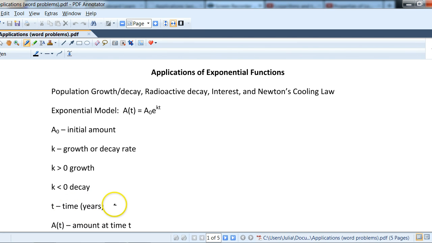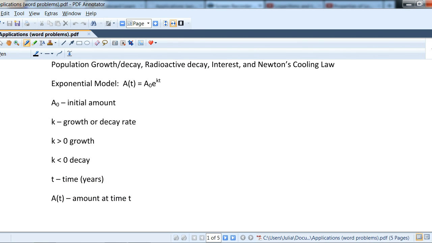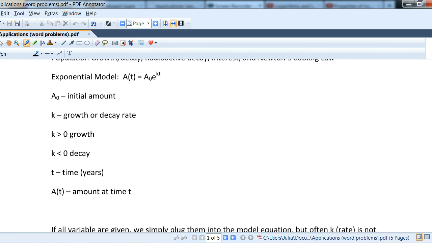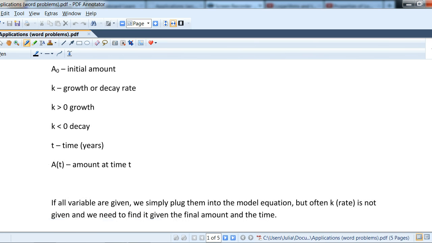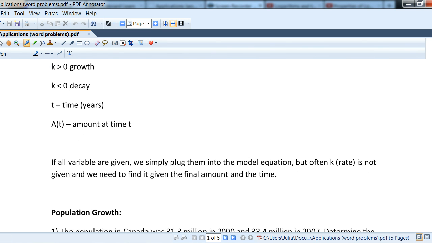It could be anything as far as time is concerned. And A(t) is the amount at time t. So if all the variables are given, then we can simply plug them into the model and solve. But sometimes the rate is not given and we have to solve for it. And that's generally a couple of situations that arise.